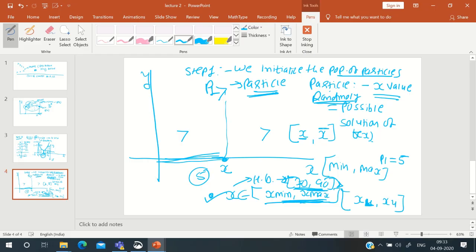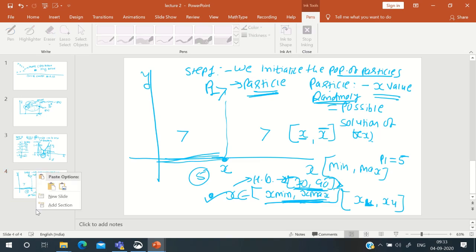So every variable is initialized randomly within its permissible feasible range, within its permissible minimum and maximum value. Remember this point.